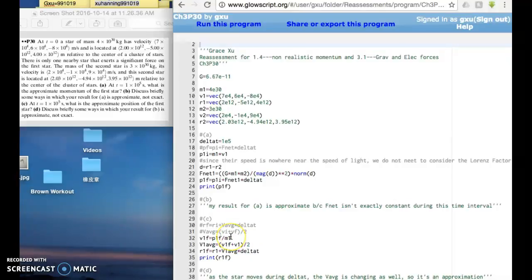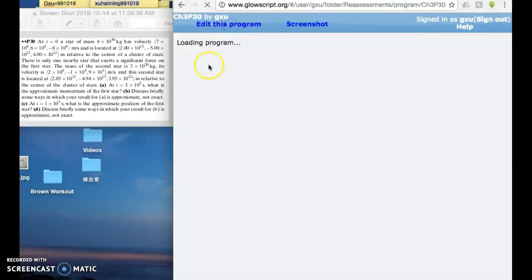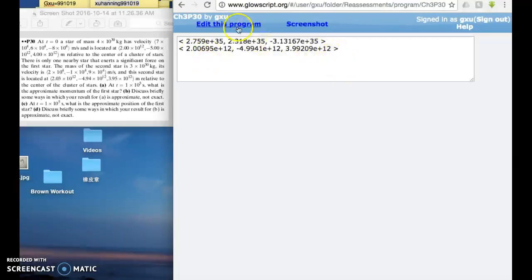I first calculated the future velocity of the star using the future momentum divided by the mass, and I calculated the average using V future plus V initial divided by 2, and I plugged everything back into this equation right here, and I got this answer right here.